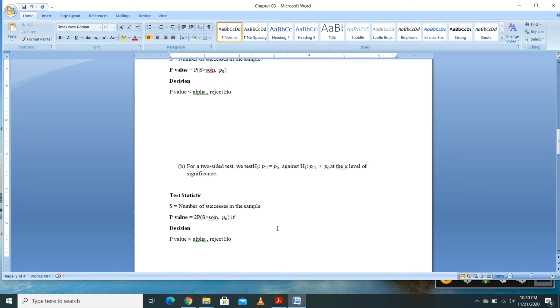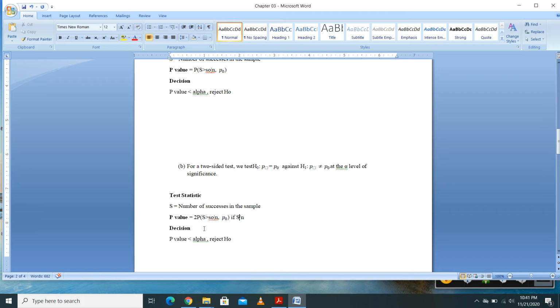You have to apply this formula if S divided by n, that is the estimator of the population proportion, which I will write as p hat, or else you can just replace that by s naught. So how are you going to calculate this? This is the test statistic S. You count the number of successes in your sample and divide it by the sample size.